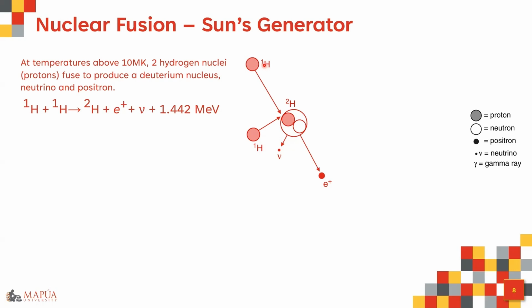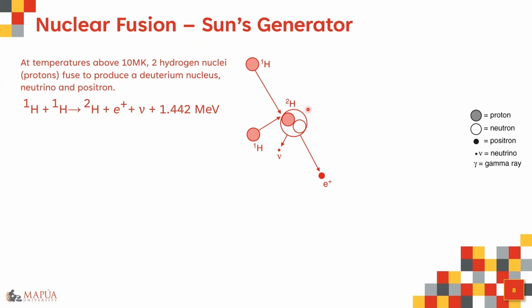Because remember, the sun's core is so hot that most of the species there are in plasma form. For example, hydrogen is already stripped of its electrons, so what remains is its proton, or its nucleus.